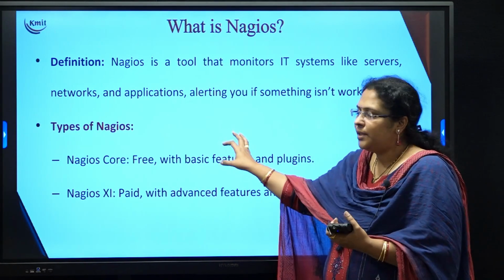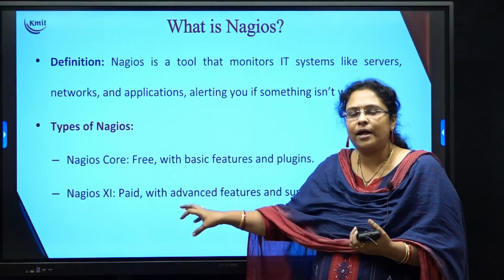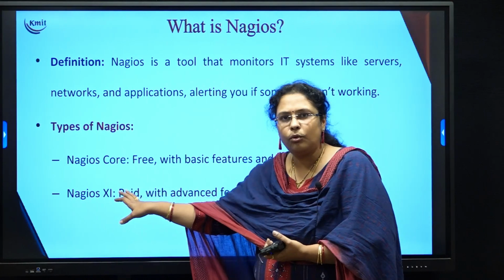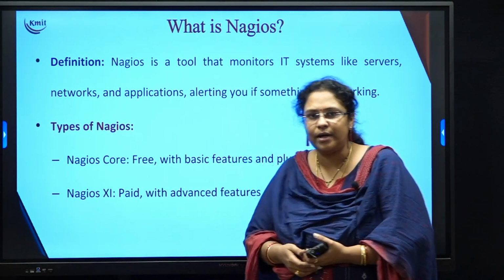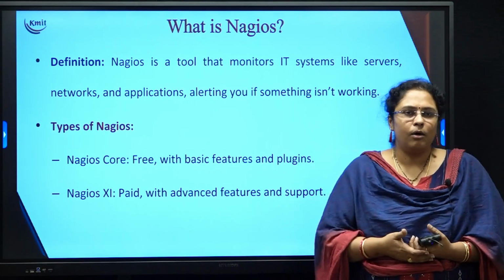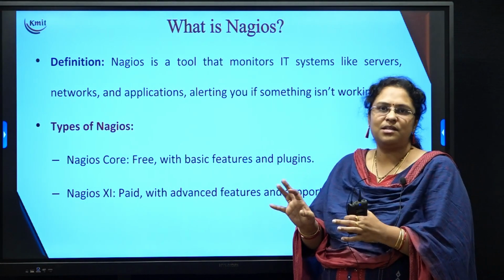Now there are basically two types of Nagios applications in the market. The first one is Nagios Core. The second one is Nagios XI. Nagios Core is a free version, anybody can download it, but it provides very basic features.